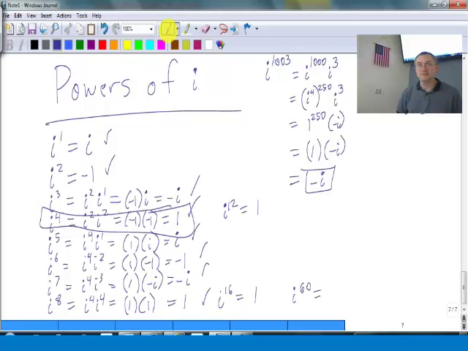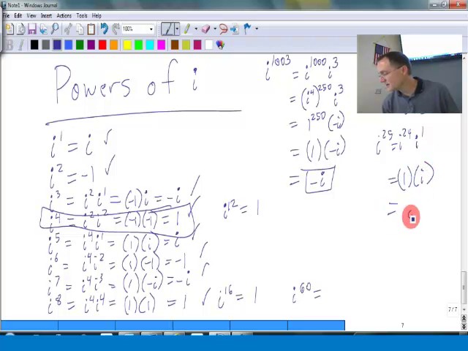Which one is a multiple of 4? 24. So i to the 25th equals i to the 24th times i to the 1st power. What's i to the 24th? It's 1. So it's 1 times i, which is i.